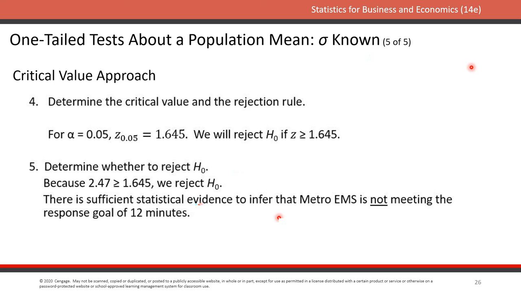And this is the cool part about what we do with statistics. We don't know if the population response goal is 12 minutes or less. We only looked at 40 different response rates. But through the use of statistics, we can make an inference about all of the rest of them based on just these 40 responses.